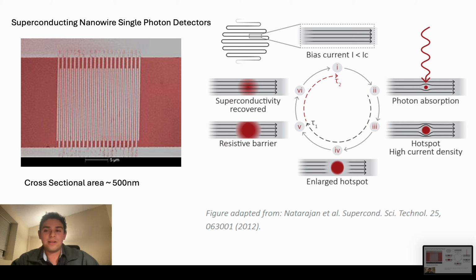If you're studying light at a certain frequency, you want to have a device that can detect efficiently at that frequency. But there's all these trade-offs that you need to keep in mind. So this is still an active field of research, and there's a lot of work to be done, but hopefully this is a cool high-level overview of this device.